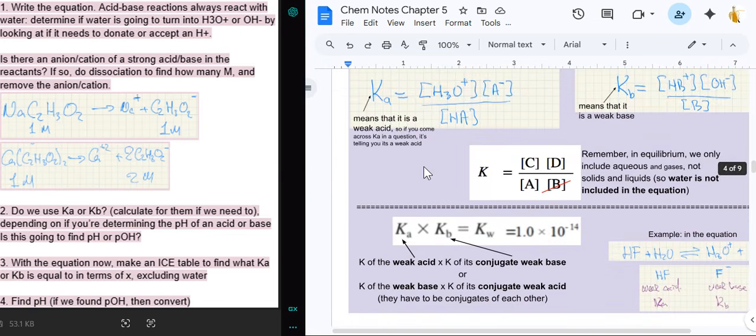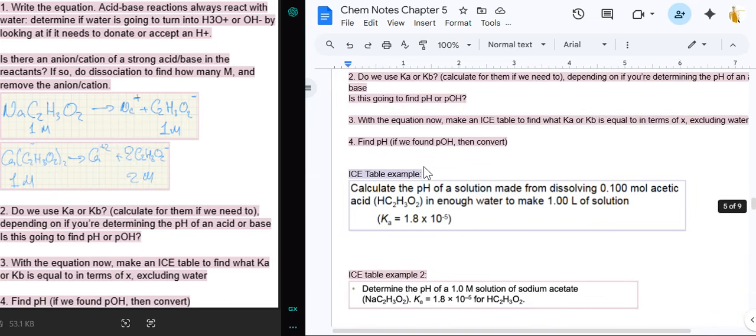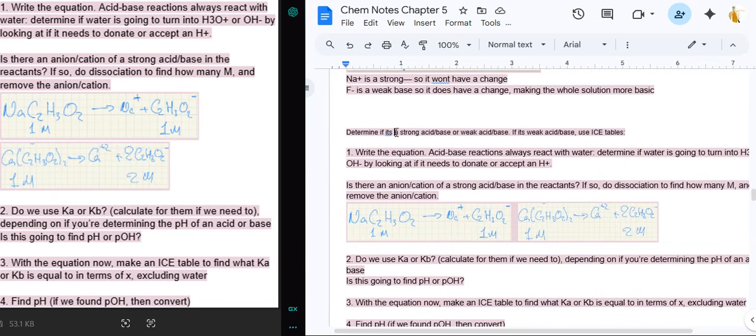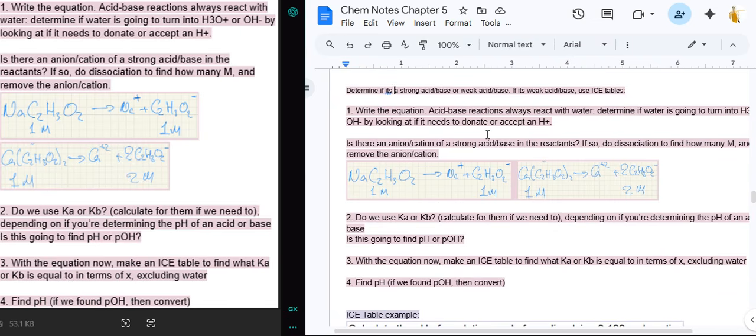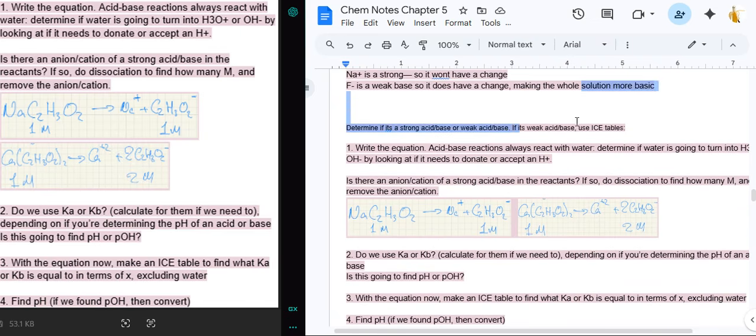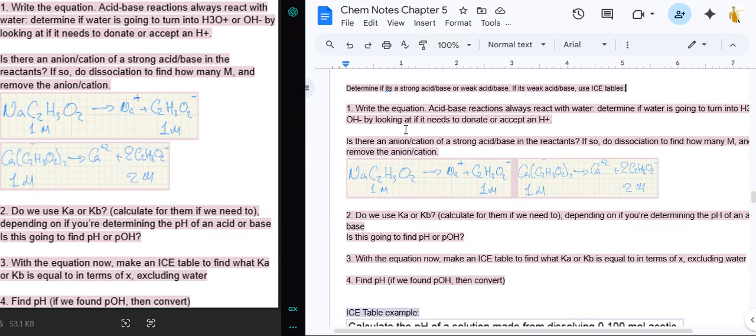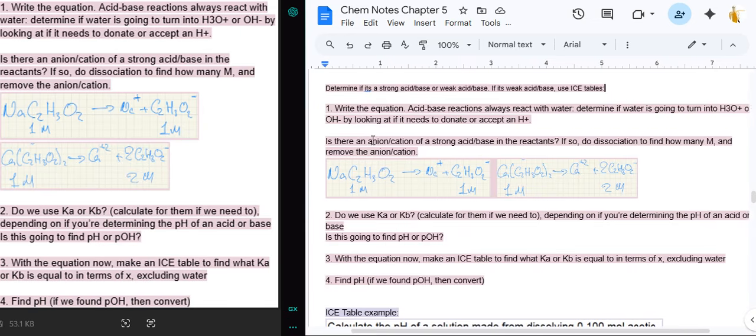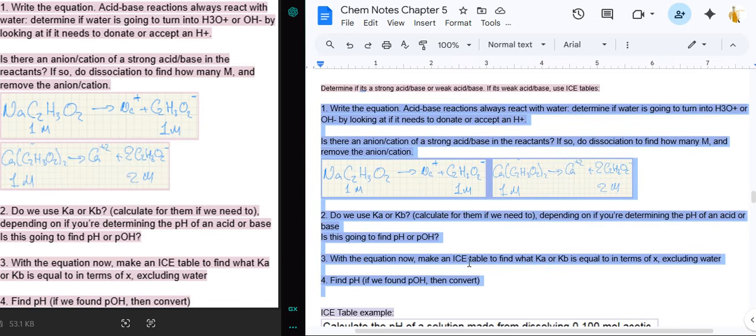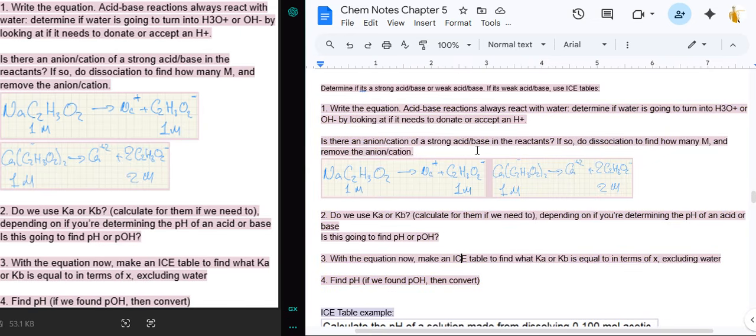So once we identified it's a weak acid and base, and we're using ice tables, then we can start doing these steps. So this right here is, I just put it here basically.